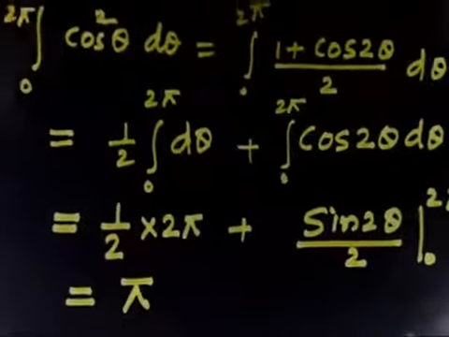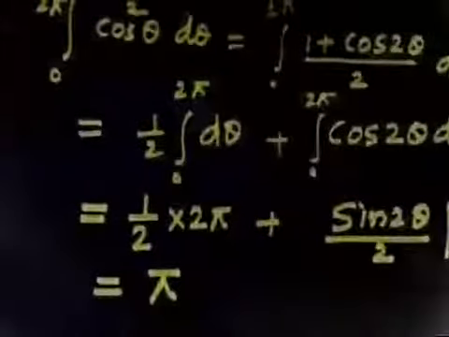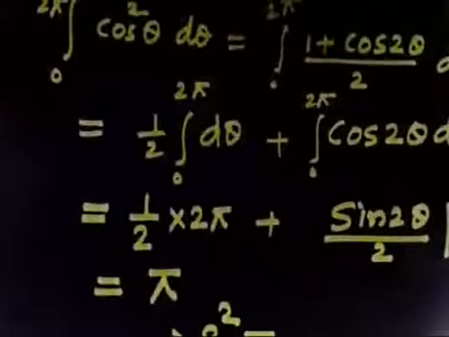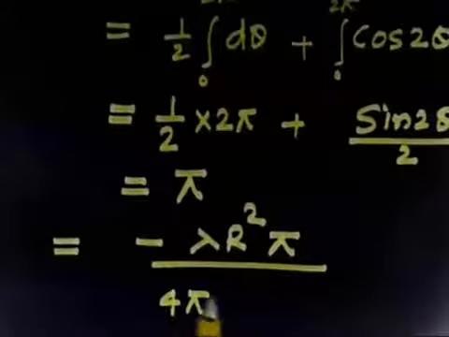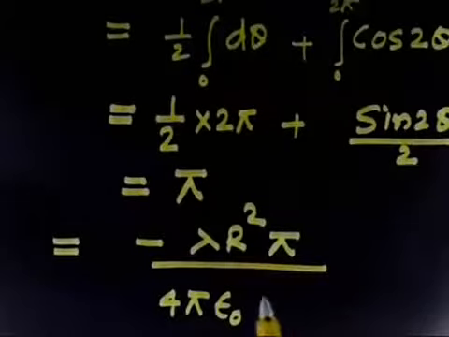So if I plug this value in this integration, you can do it yourself, this will finally be minus lambda r square into pi divided by 4 pi epsilon naught, x square plus r square raised to the power 3 by 2.